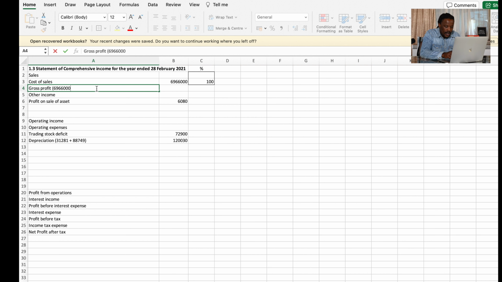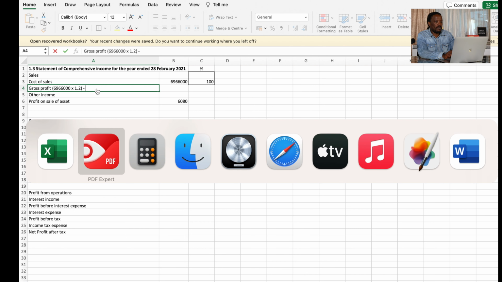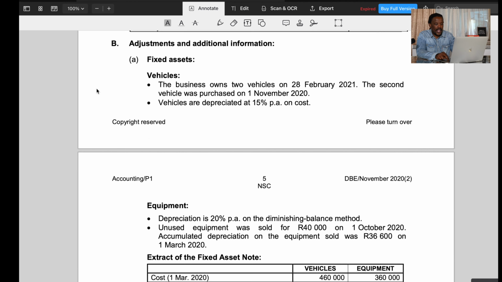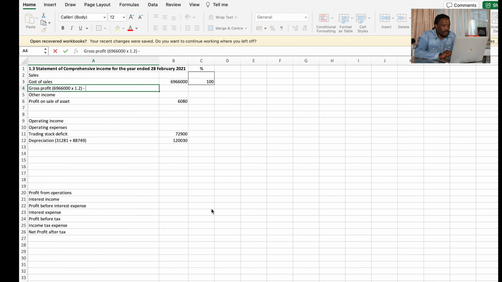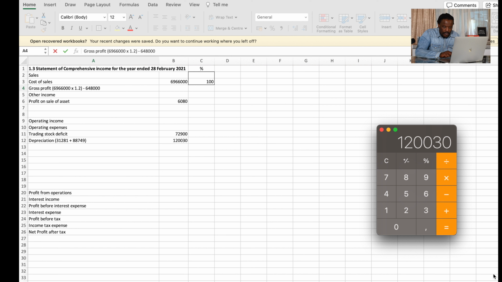So we have 6,966 million multiplied by 1.2, minus that discount that was granted to those special customers. Remember, they have special treatment because they buy in bulk, and they deserve huge discounts. 648,000. We must subtract that amount in order for us to get the gross profit. 6,966 million multiplied by 1.2.